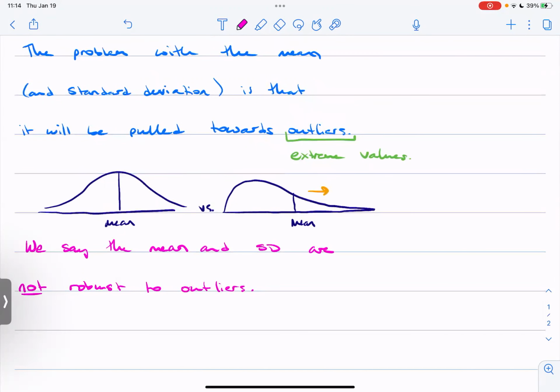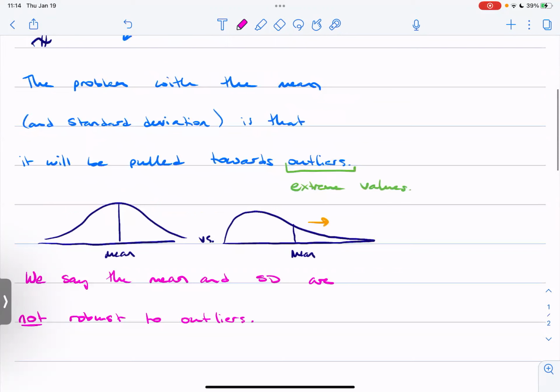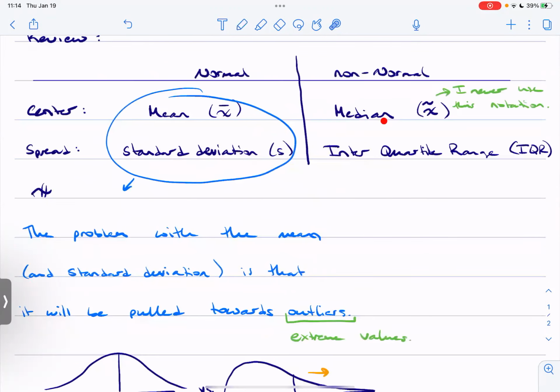Whereas, we haven't talked about the median, we will, and we haven't talked about the interquartile range, but we will today. These measures are not going to change drastically if you have these extreme values.